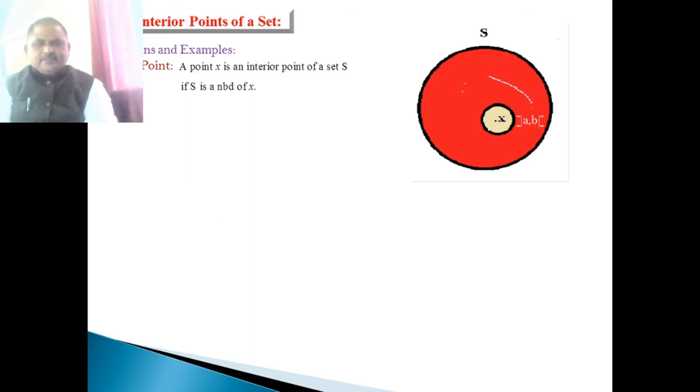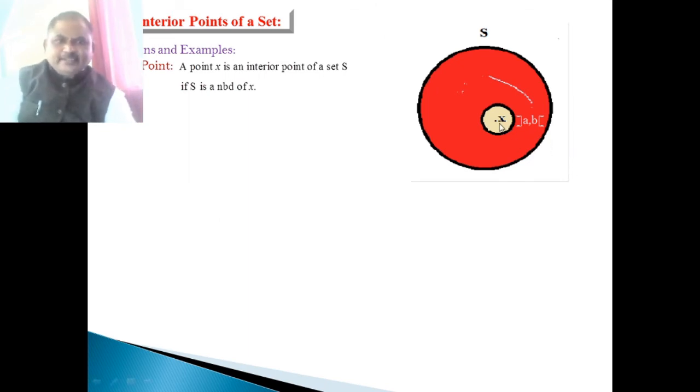In this figure, point x, S is a neighborhood of the point x because there exists an open interval contained in S. Therefore, by the definition, S is a neighborhood of x. Again, by this definition, x is called an interior point of the set S if S is a neighborhood of x.